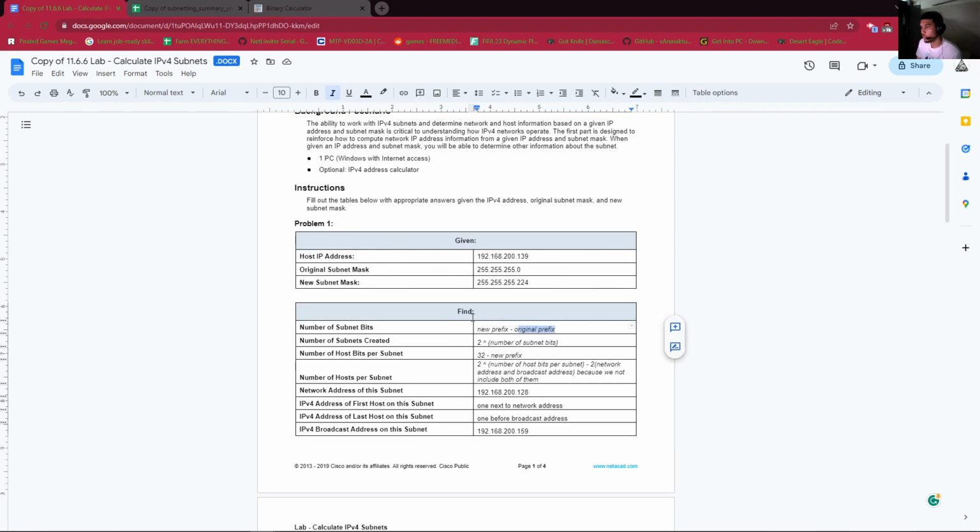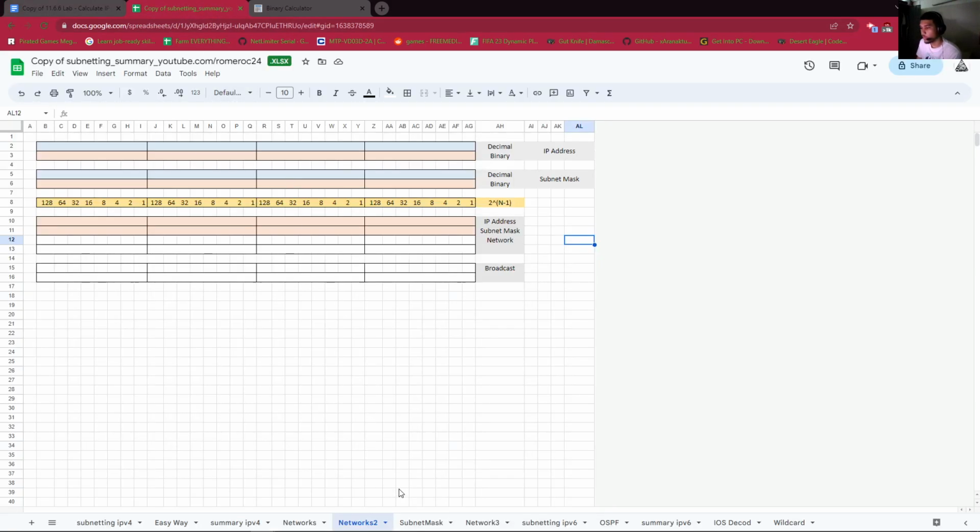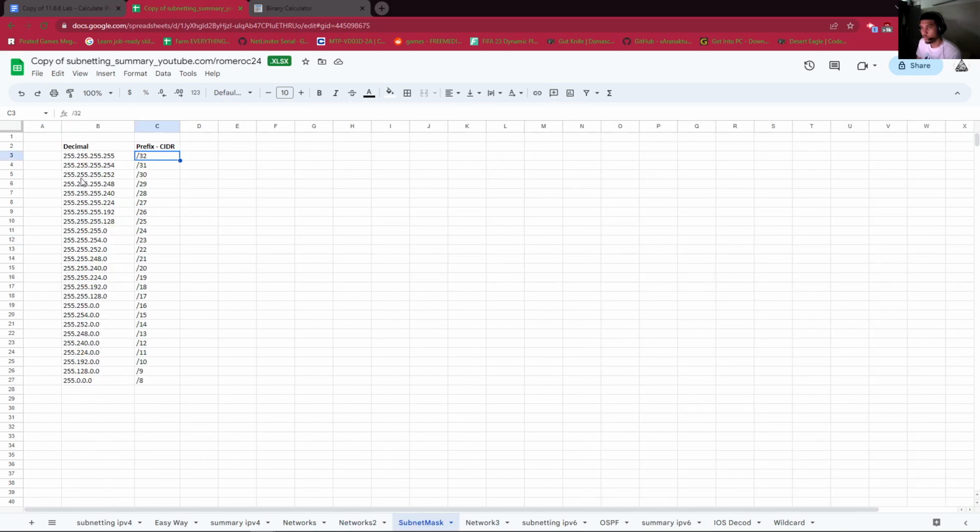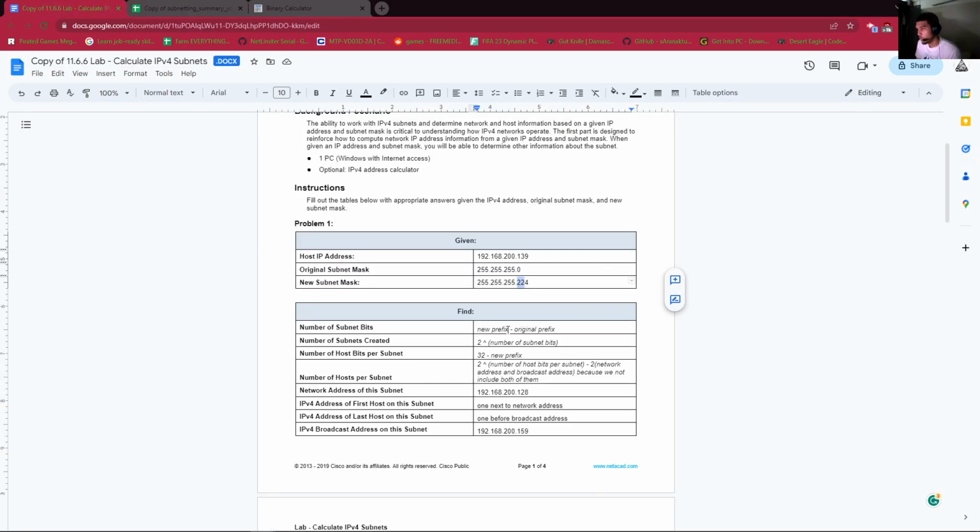The new subnet mask has 224 at the end, so the prefix is 27 and the original is 24. So we have 27 minus 24, and the answer is 3.